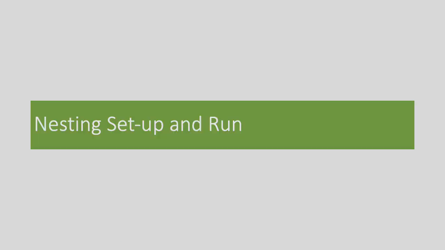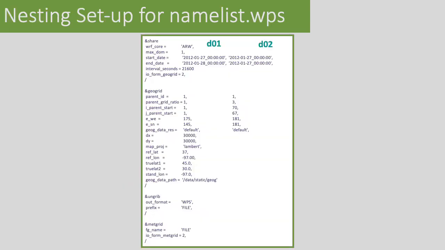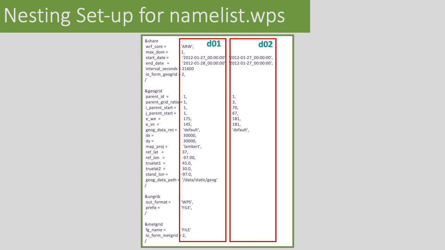Okay, now I'm going to shift to discussing compile and runtime setup for using nesting. During the configure process, unless you plan to use a moving nest option, you'll choose option 1, which is basic nesting. There are several things that need to be modified for nesting in the WPS namelist.